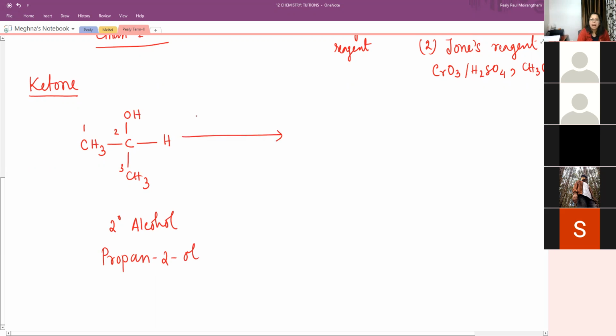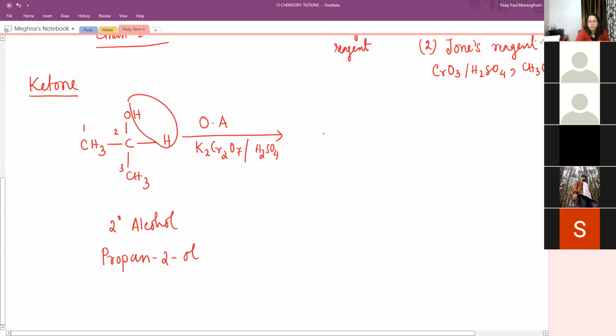Now you can use mild, you can use strong, doesn't matter, any oxidizing agent, like K2Cr2O7 in presence of H2SO4. Generally, we use the strong oxidizing agent. Even you can use the mild also, that will give us the same thing.